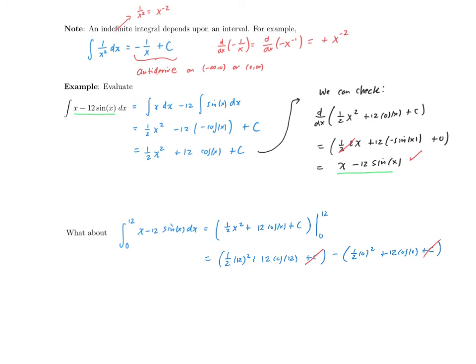Also, 1/2 0 squared is 0, cosine of 0 is 1. So we end up with 12 cosine of 12, not a common value, plus 1/2 the quantity 12 squared minus 12. And we certainly could do a bit more arithmetic, but leaving it in this form as usual is perfectly fine with me.